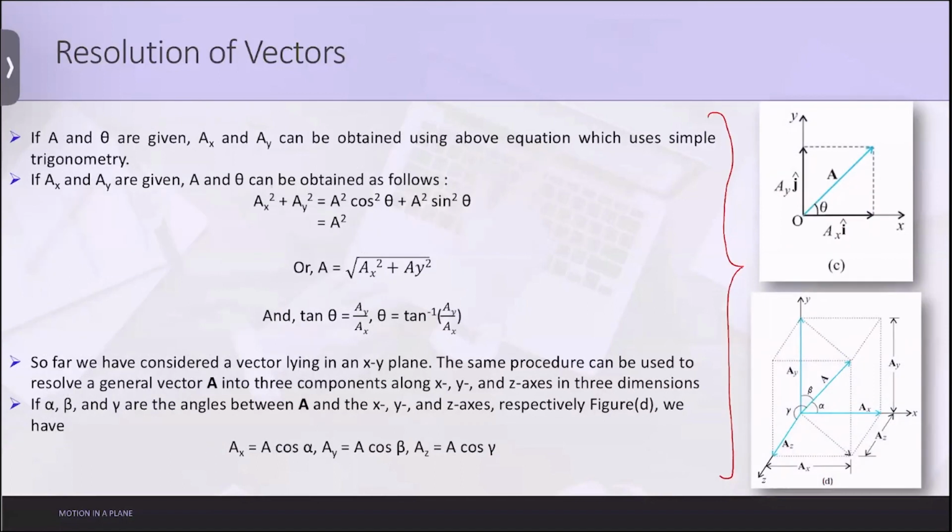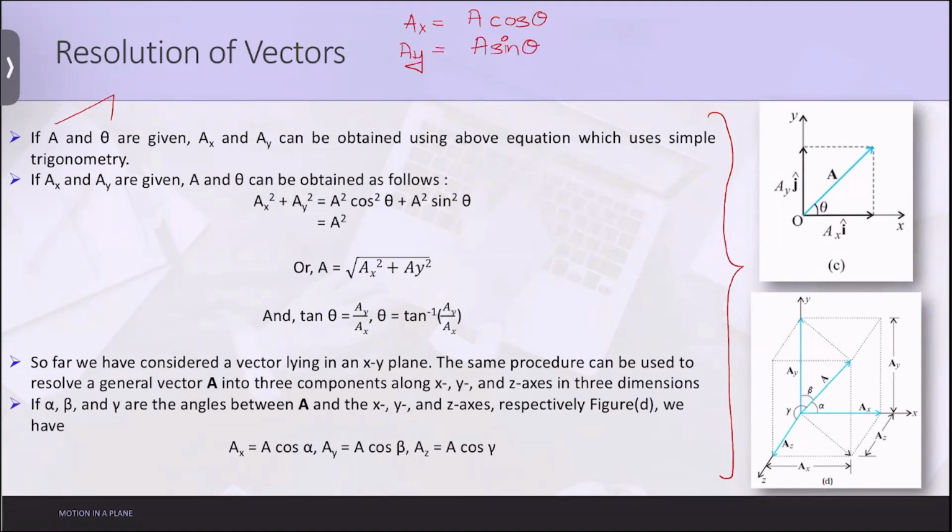Then the explanation was given: if a and theta are given, ax and ay can be directly obtained. ax is equal to a cos theta, and similarly ay is equal to a sin theta.